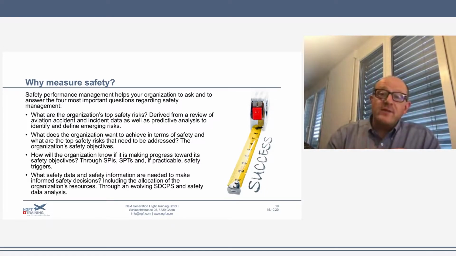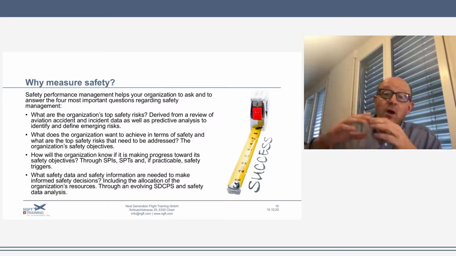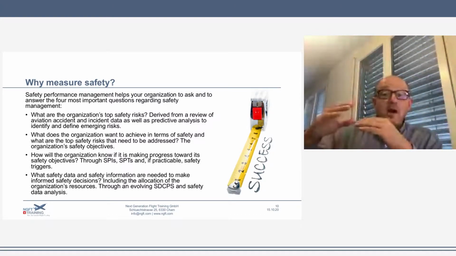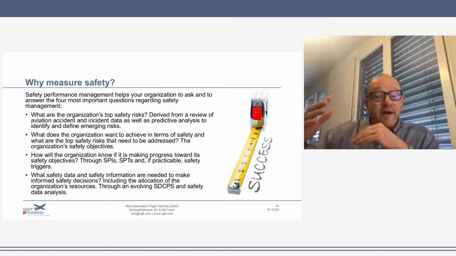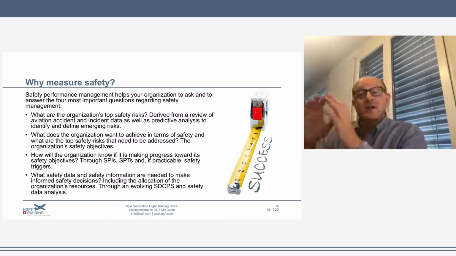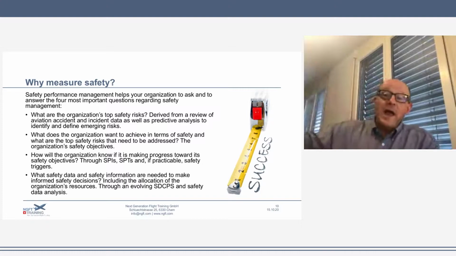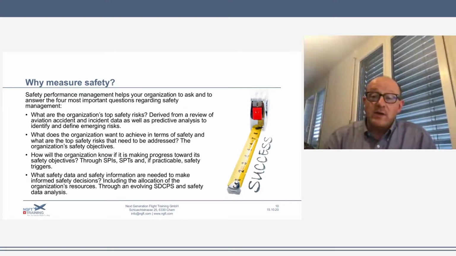Meaning, if we have a safety barrier in place that breaches at pulse 80, for example, well, then we know it's not that far from our most catastrophic event. We're able to actually stop the trend and make changes in the organization.